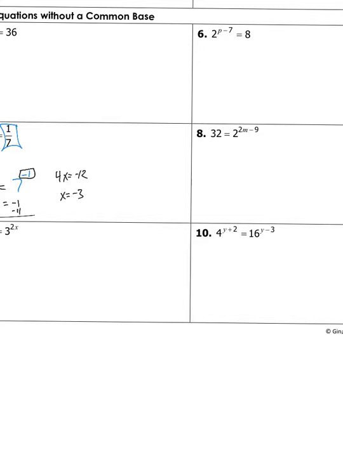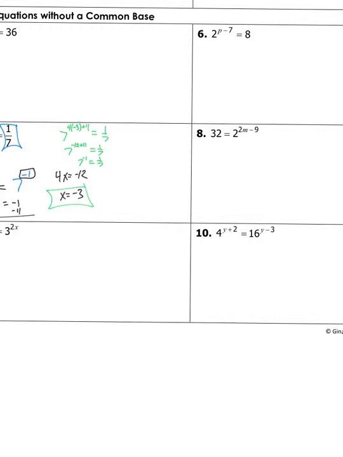Just to check real quick, does 7 to the 4 times -3 plus 11 equal 1/7? That is 7 to the -12 plus 11 equals 1/7. Yes, it does. 7 to the -1 equals 1/7.